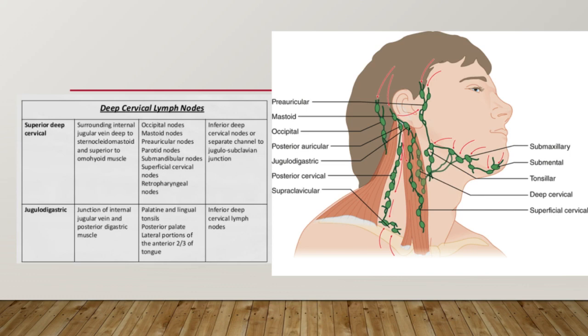From the jugulo-digastric lymph node, the lymph drains into the inferior deep cervical lymph node. So from the jugulo-digastric lymph node, the lymph goes down here into the inferior deep cervical lymph nodes.